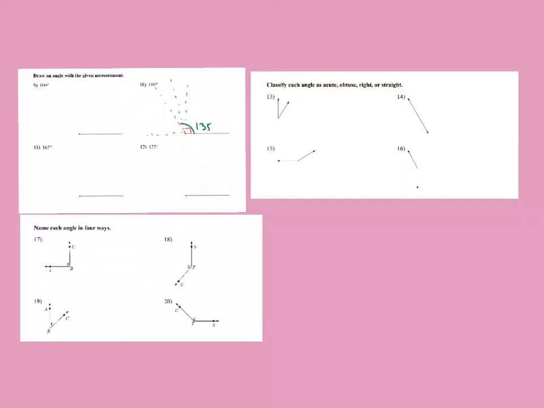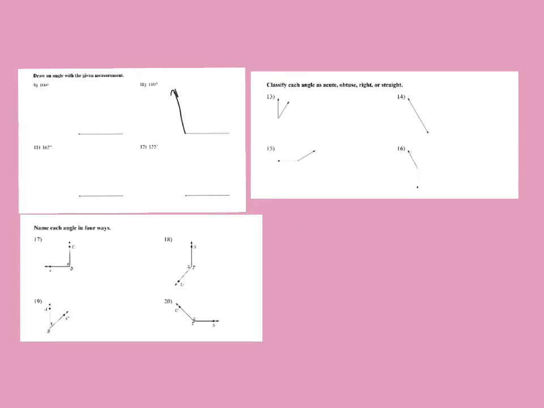That's like 112.5. So it's really close to that. So I'm going to go really close to that blue line. That's just me without using a protractor. And that's how I know which one I want to do. So, boom. That's pretty close, right?